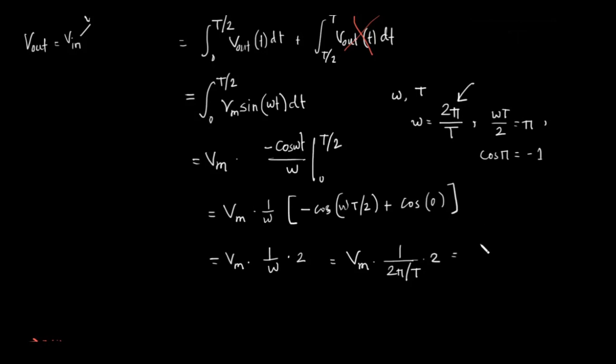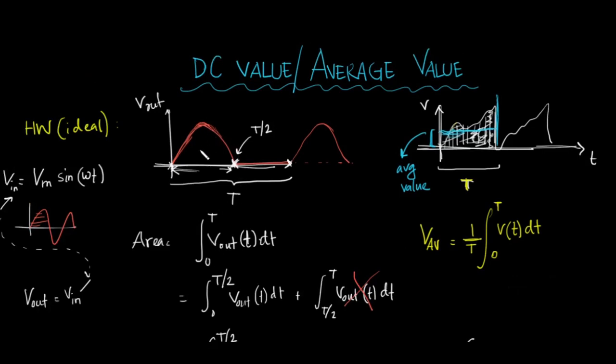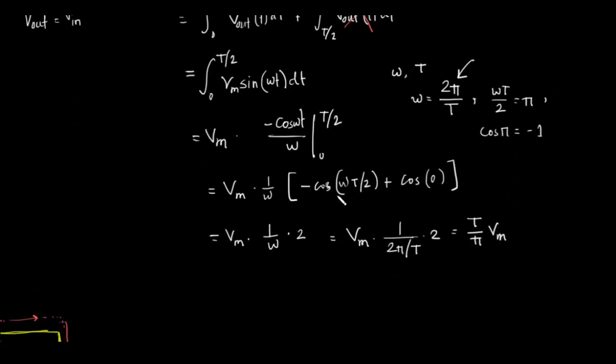So this is T by pi Vm. Simple enough. So this is the area. We have found the area for the curve of the output of an ideal half wave rectifier. So what will be the average value for a half wave rectifier?